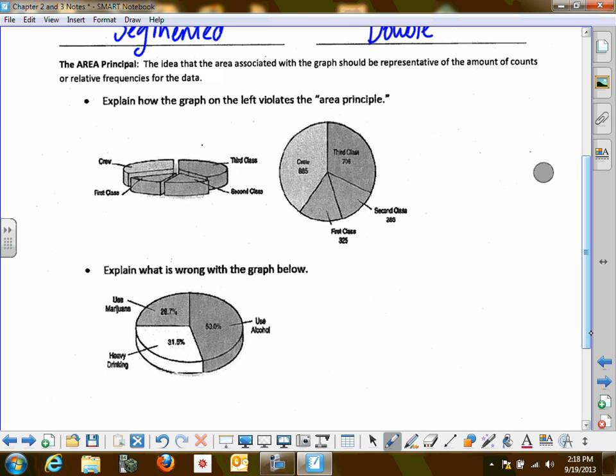This is a picture of the number in each classification on the Titanic. Okay? And so, which classification had the most members in it on the Titanic? No, not third class.